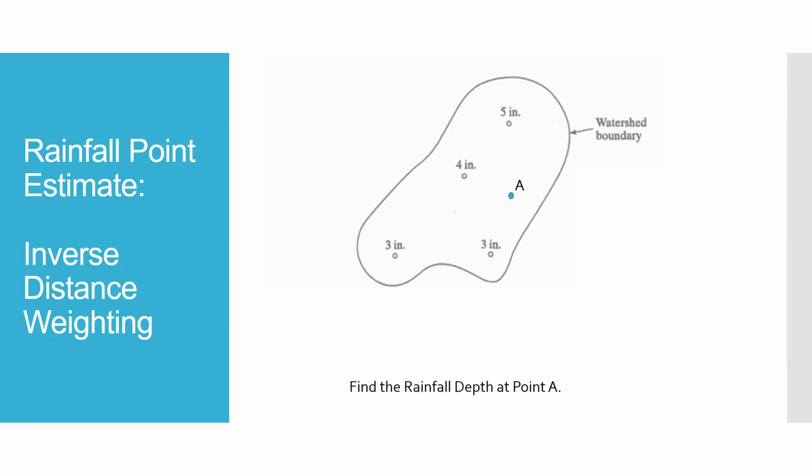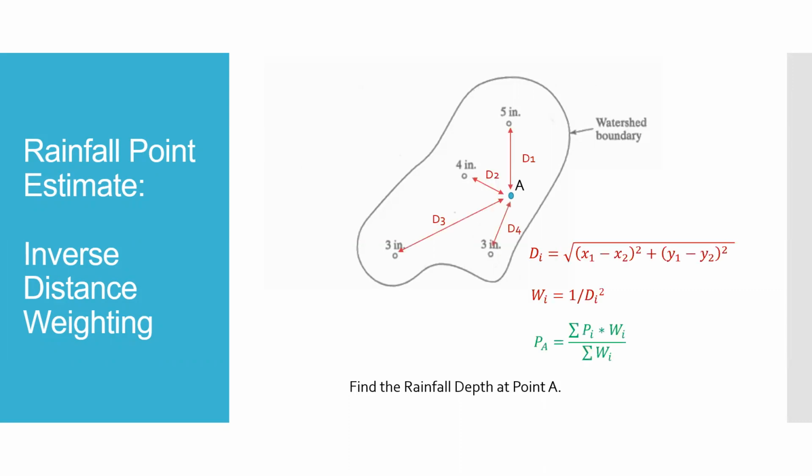And if we wanted to do that, then we can use a method called inverse distance weighting. And what that does is it takes information from each point, it attributes it to the point we're interested in, and then it weights it based on the distance. And so we can calculate the distance just using the Pythagorean theorem.